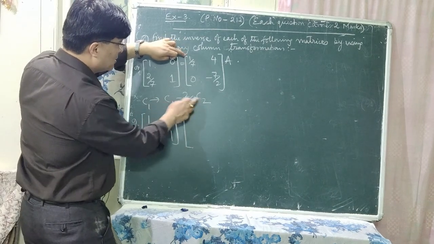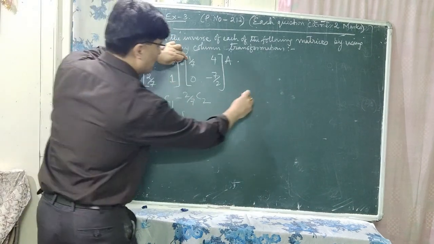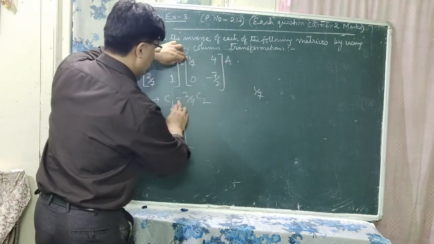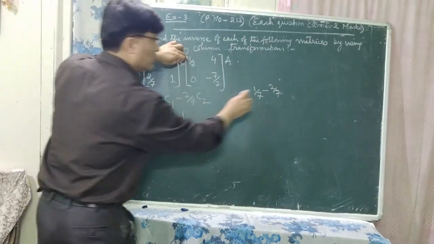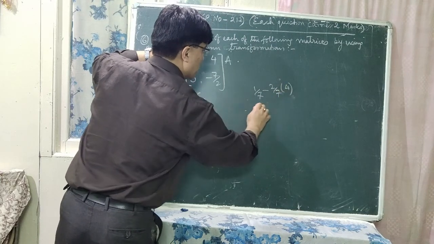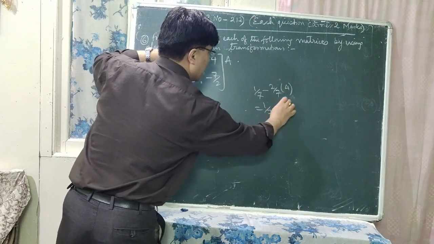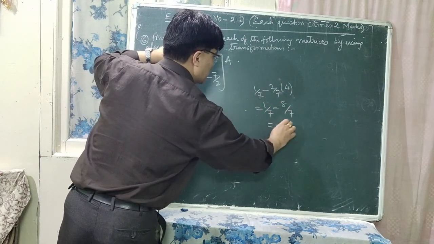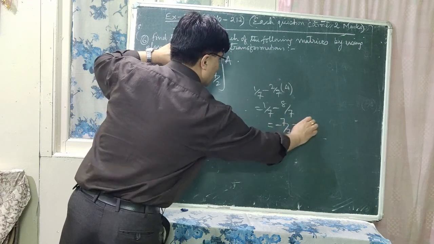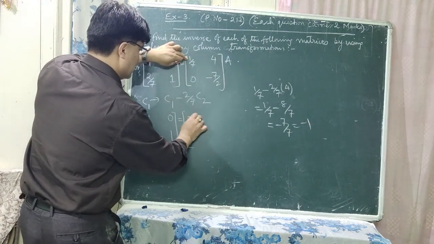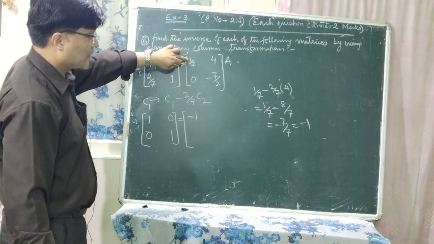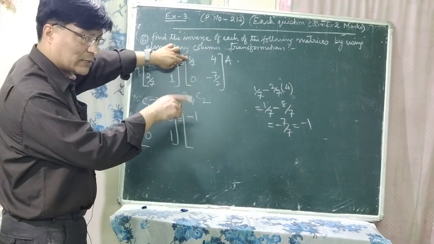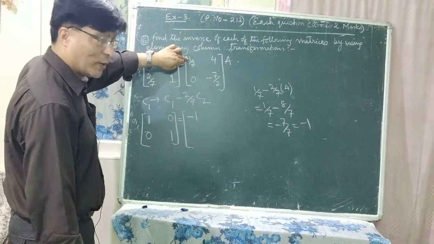C1 minus 2 by 7 C2. So C1 means 1 by 7, right? Minus 2 by 7 into C2 means 4. So you can write here 4, which is equal to 1 by 7 minus 8 by 7, which is equal to minus 7 by 7, which is your minus 1. Is that clear? That is minus 7 by 7 is minus 1.